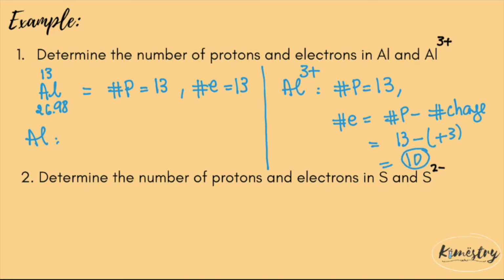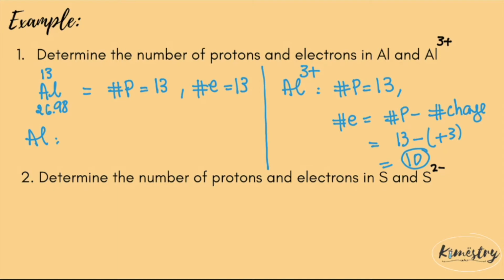Second example: determine the number of protons and electrons in sulfur and sulfur ion, or we call it sulfide. You can pause for a few minutes and try this yourself. Okay, so looking at the periodic table, this is what we see for sulfur. For neutral atoms of sulfur, the number of protons is equal to 16 and the number of electrons is equal to 16 as well.